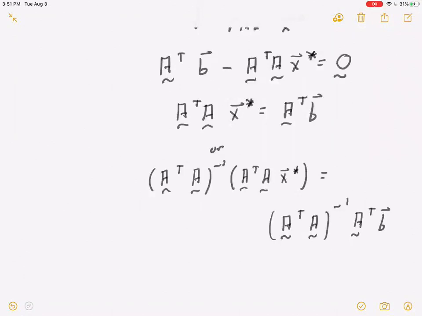And the left can be simplified. So I simply get that X asterisk must equal the inverse of this quantity in parentheses times the transpose of A times B.